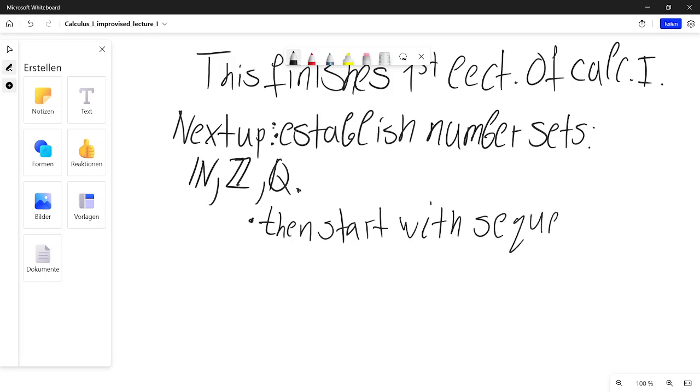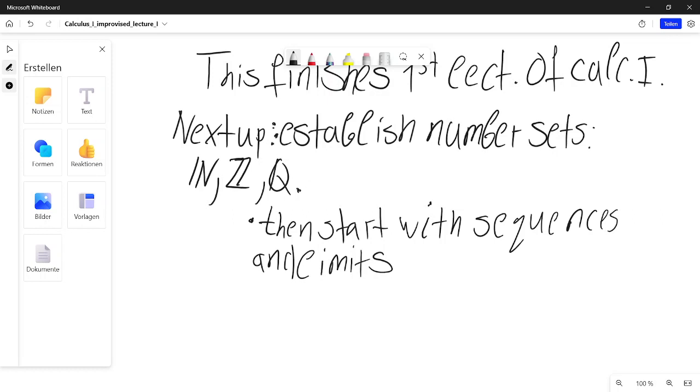I think we are then ready to start. So we start with the most basic notion of calculus, the sequences and limits. Yeah, I think so, pretty much.